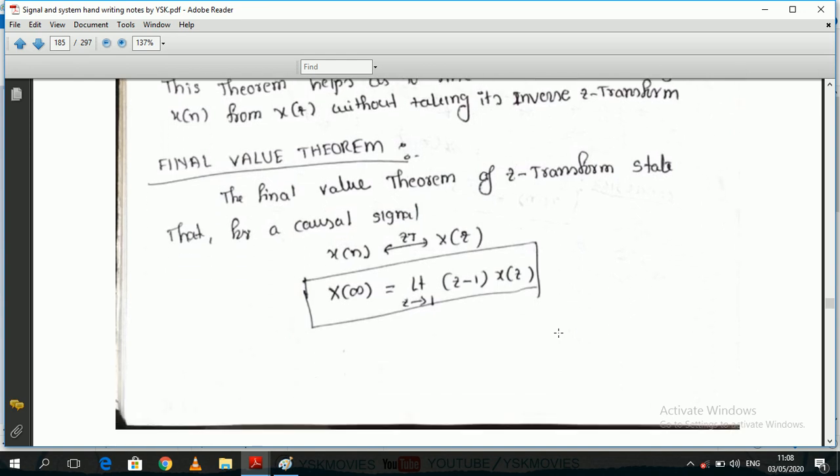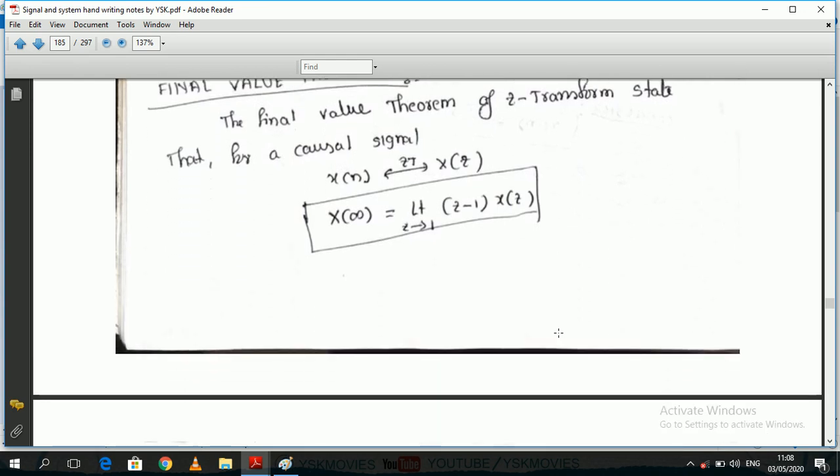Okay, final value theorem. The final value theorem says that x of infinity is equal to the limit as z tends to 1 of z minus 1 times X of z. In the Laplace transform in earlier classes the limit was s tends to 0, but here we are using z tends to 1. Why are we not using z equal to 0?